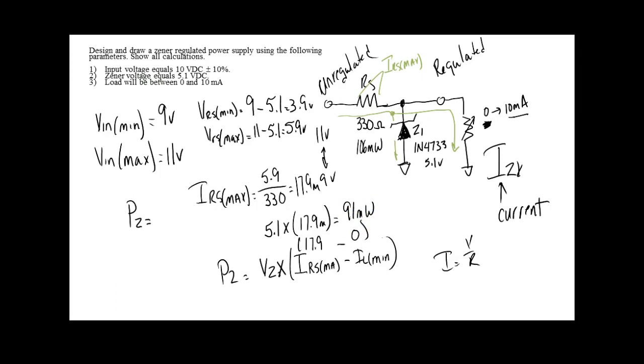So are we okay? Yeah, we're really okay. That's a 1 watt zener, which would be 1,000 milliwatts, right? So we're well within limits. And that's everything.